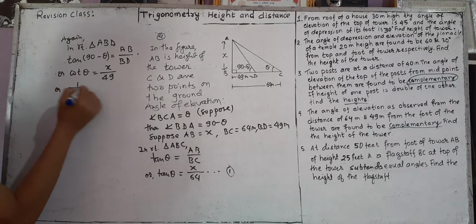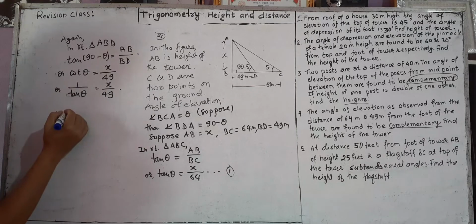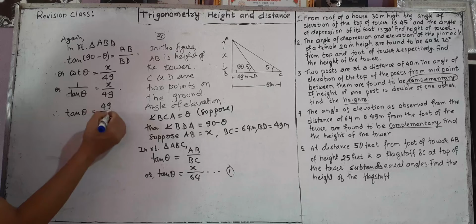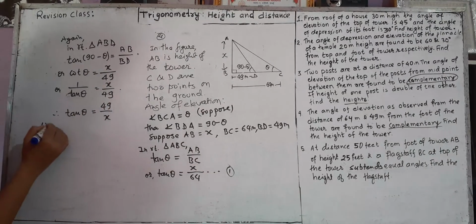And again, cot theta is 1 by tan theta, that is x by 49. Therefore, the value of tan theta is 49 by x.